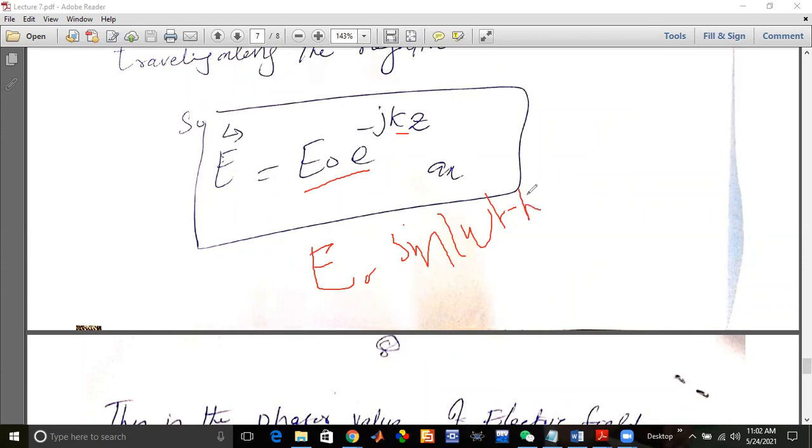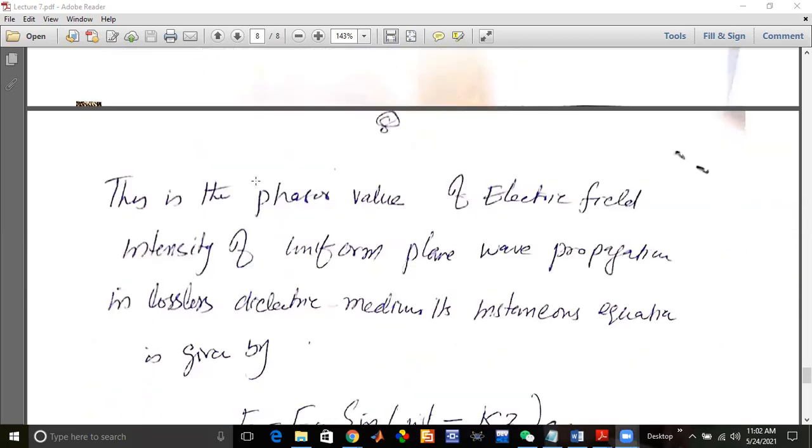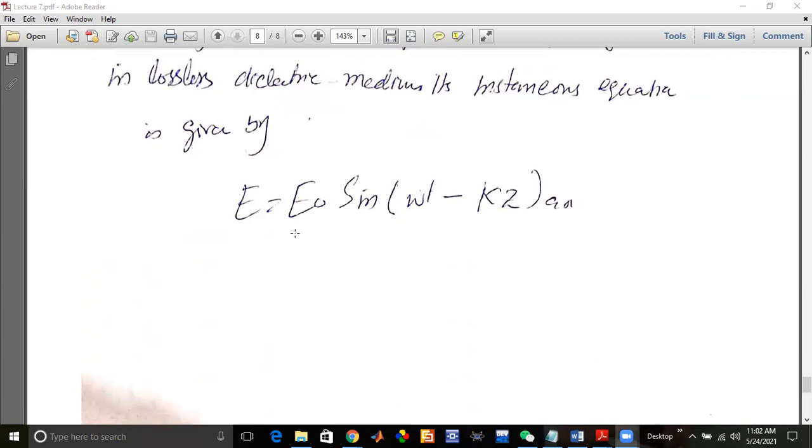Do not write the j. We will write j just in phasor form. Sine omega t minus k. So this is the final solution, that E is equal to E naught sine omega t minus kz. Here k shows the propagation constant.